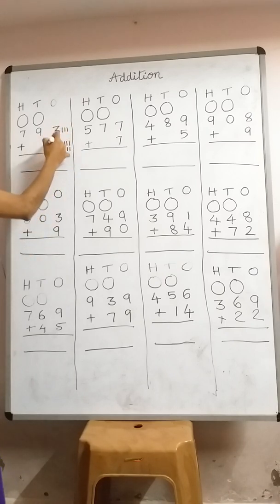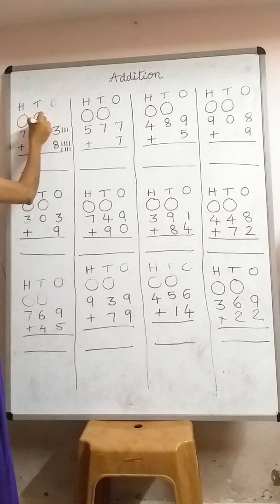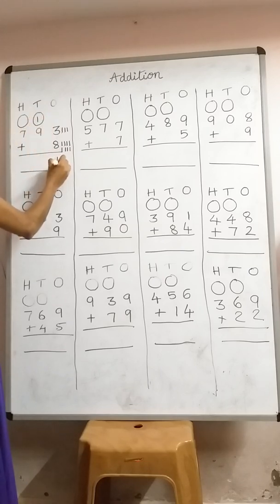Now count all the lines which are at the ones place. Count with me. 1, 2, 3, 4, 5, 6, 7, 8, 9, 10, 11. So how many lines do we have at the ones place? We have 11 lines. Carry 1 to the tens place and write your 1.